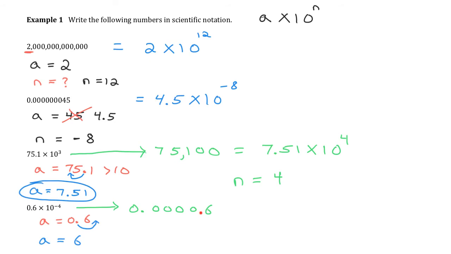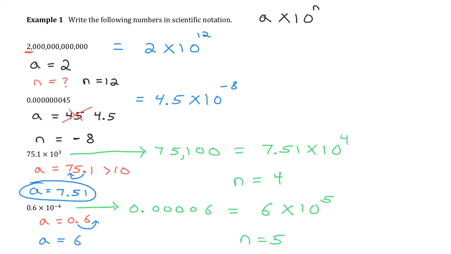So it started here, and we went 1, 2, 3, 4 places to the left. So if we want to now convert this into scientific notation using 6 as A, we have to go 1, 2, 3, 4, 5 places. So this is the new value of n is equal to 5.